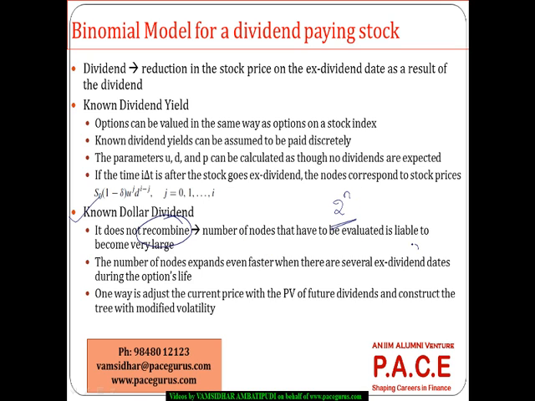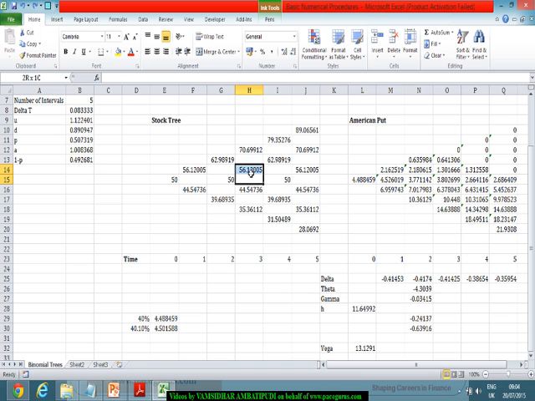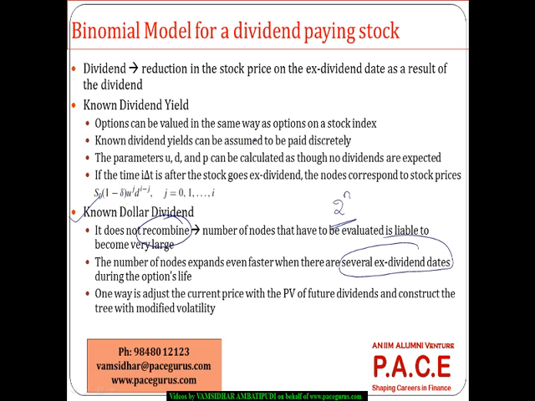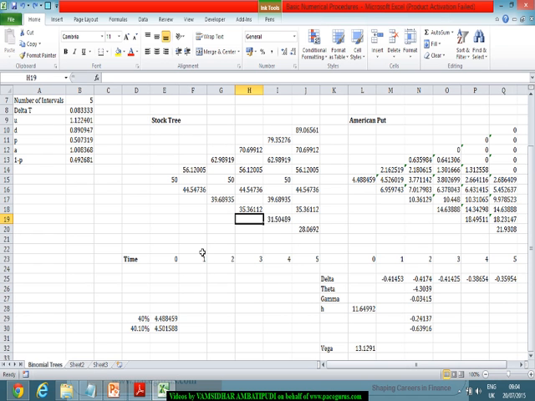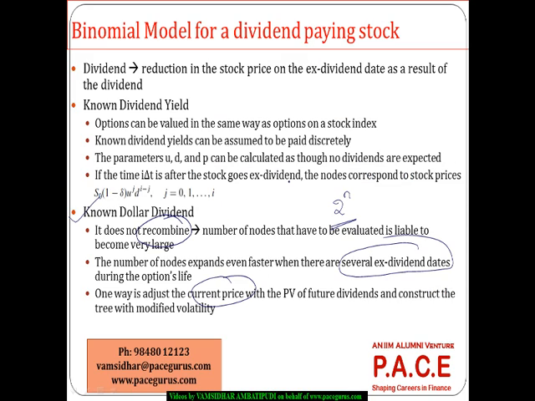But if there are several ex-dividend dates, even more complication comes up, because at every place I have to reduce the price by that much and it becomes tough. In that case the better way is to take the present value of the future dividends, subtract it from the current spot price, and make it the updated stock price.